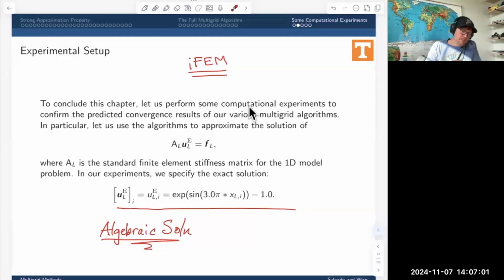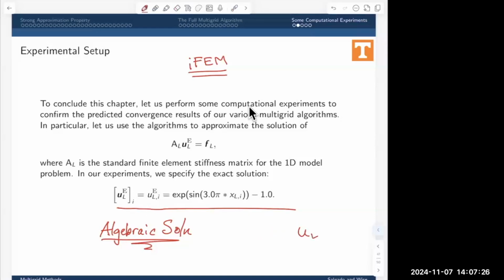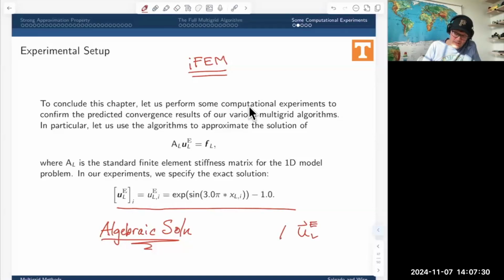Let me emphasize that what you do is you get U first, and then you compute F by multiplying. Let's see, I did that wrong. Yes, you get this first, and then we're going to multiply by the inverse.